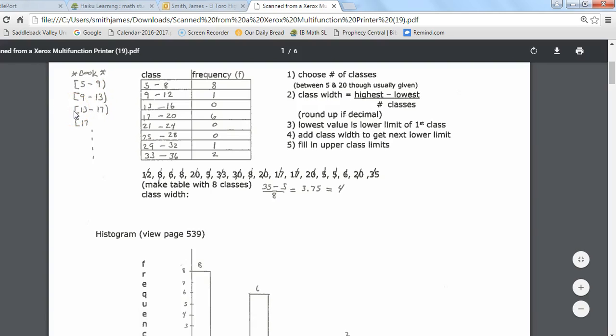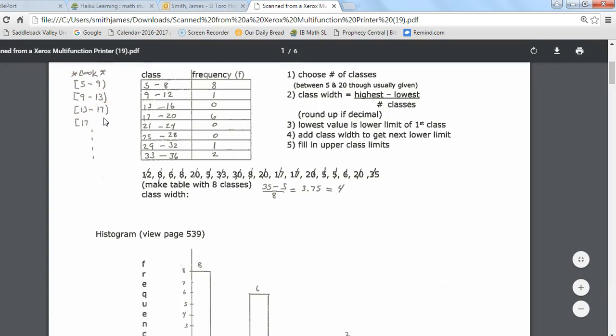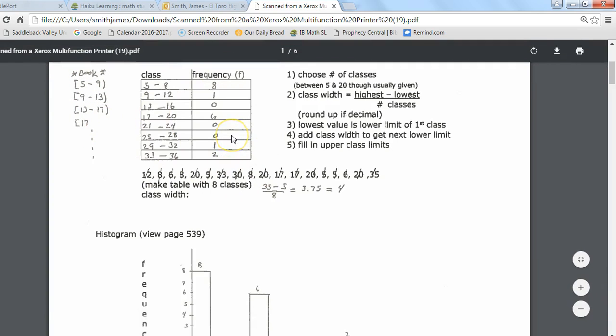And the reason they write it like this is if I have decimals, there's no spaces from this class to this class. Where this one ends, this one begins. There's no gaps, and so you'll have a class for every piece of data, even if decimals are involved. This is just some notation that you've got to be familiar with in case it's presented to you this way. So this is how we make a frequency table.